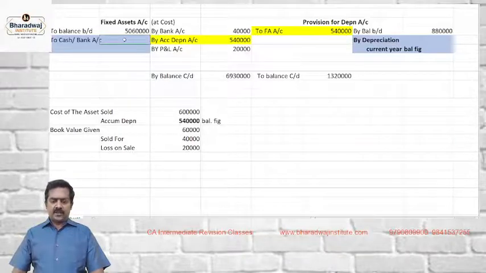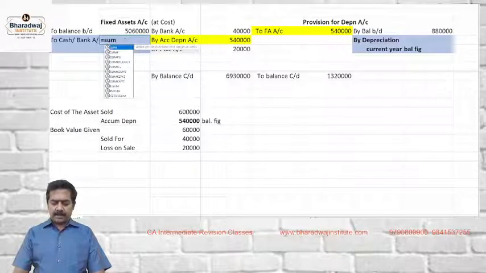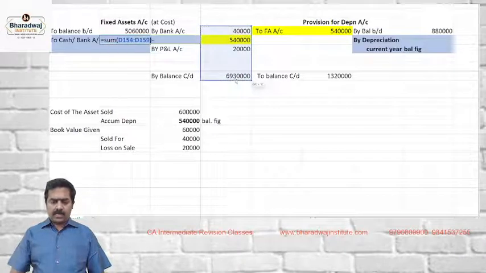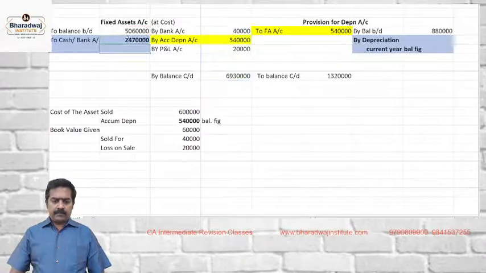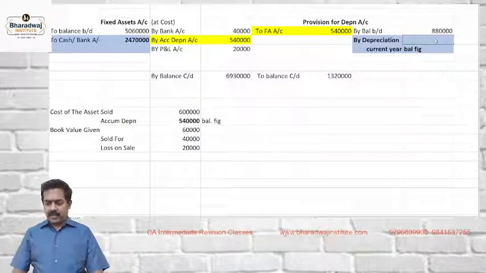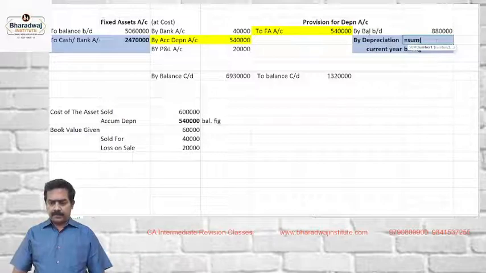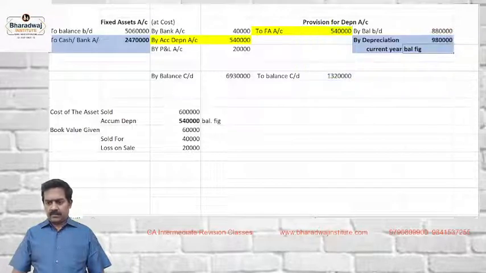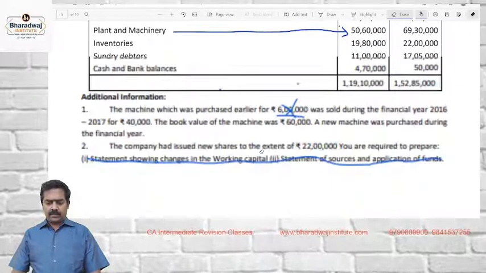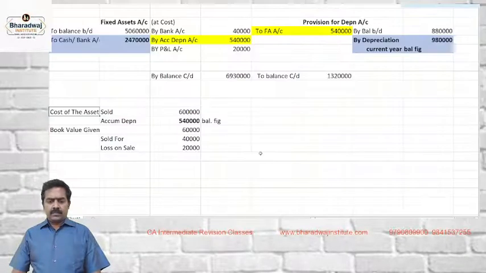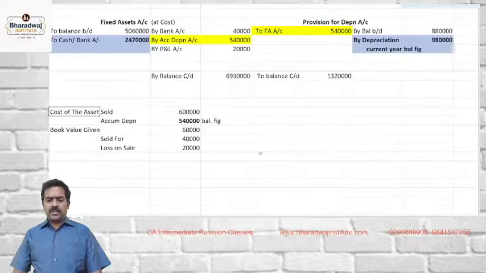Then as a balancing for, you'll get the purchase. 24,70,000. Current year depreciation also, you can get it as a balancing. They have not given a new machinery was purchased.